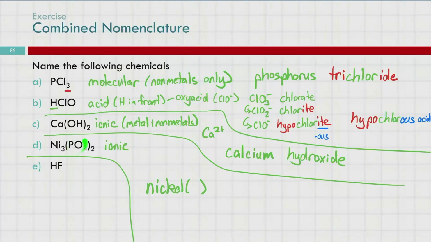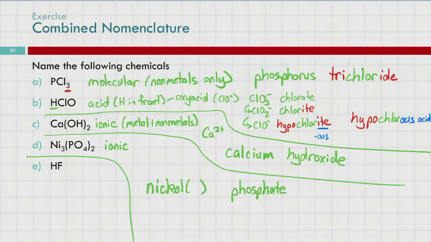And we can move on and work on the oxyanion, the PO4. So we'd have to know what PO4 is and what charge it has. Who knows what PO4 is? Phosphate. So we find PO4, it's phosphate.